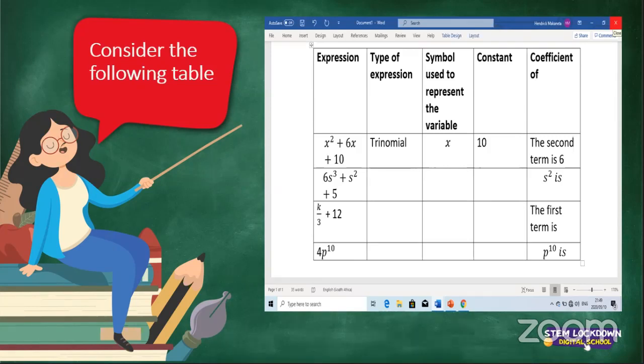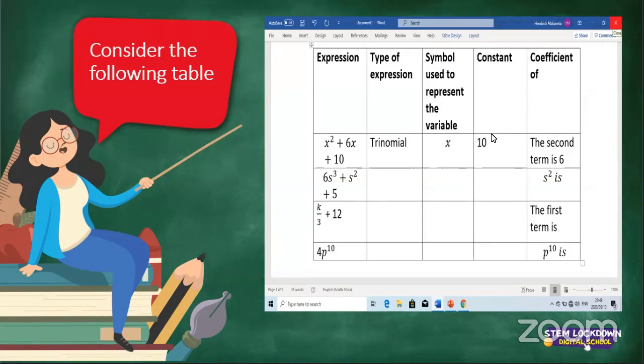The number that cannot change is 10. That is the only constant that we have there. It doesn't depend on the value of x. No matter what you do to the value of x, 10 will stay the same. So it's a number that cannot change.